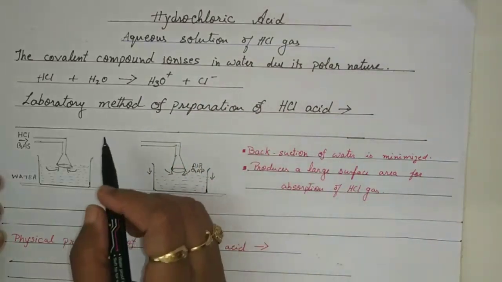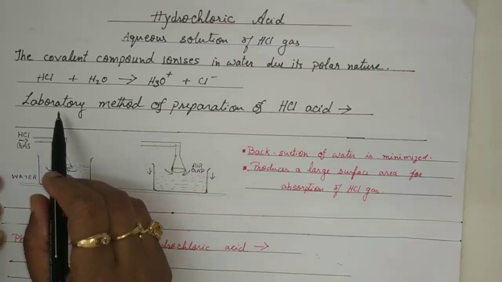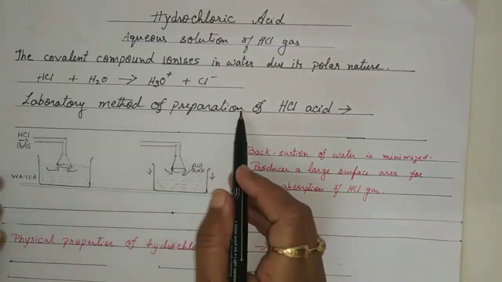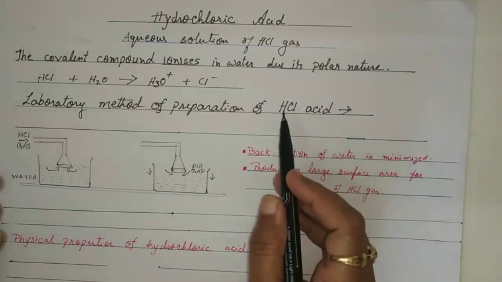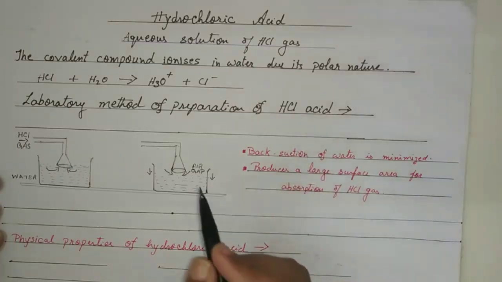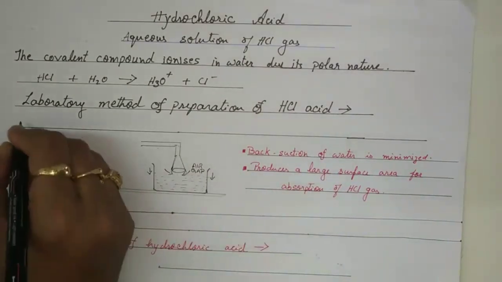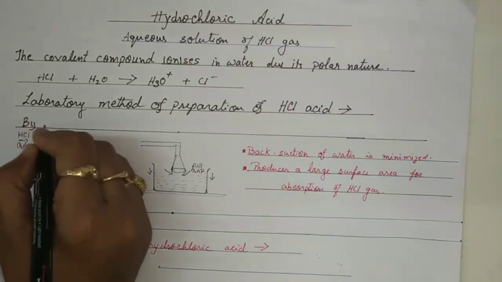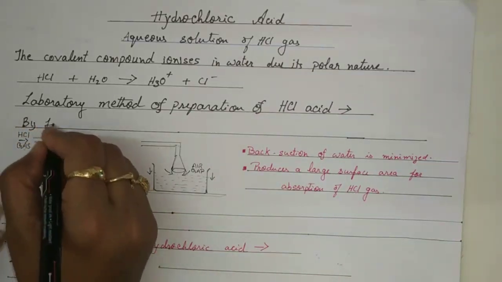The next topic is the laboratory method of preparing HCl acid. Till now we were doing HCl gas. Now to prepare HCl acid in the laboratory will be by funnel arrangement.